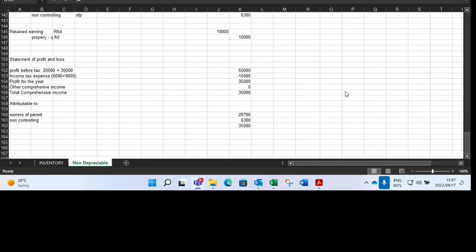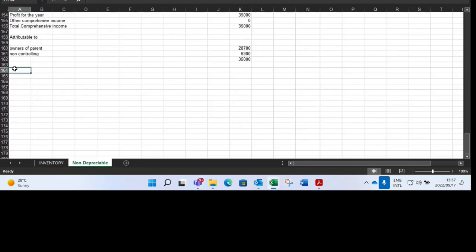So from there, we're gonna go to the statement of changes in equity. On the statement of changes in equity, it will be the share capital, we have the retained earnings, we have non-controlling.